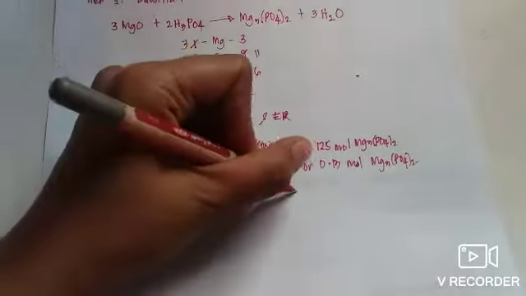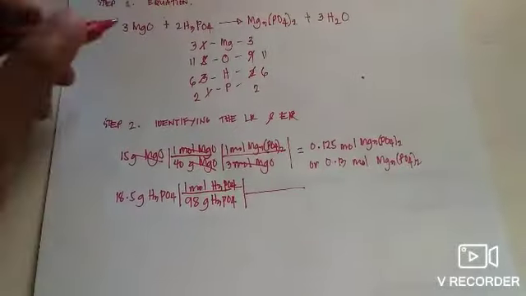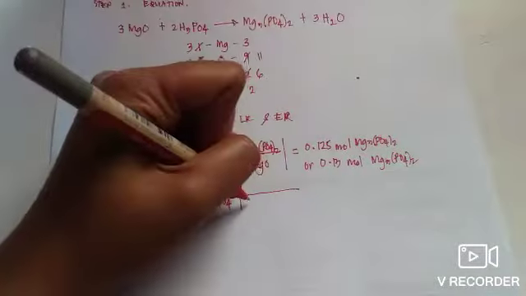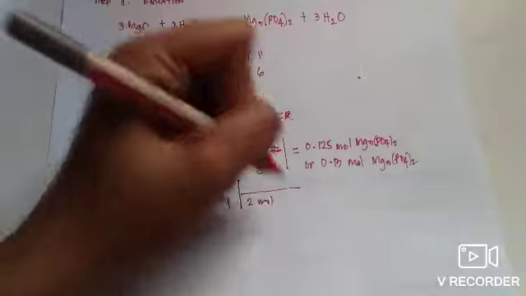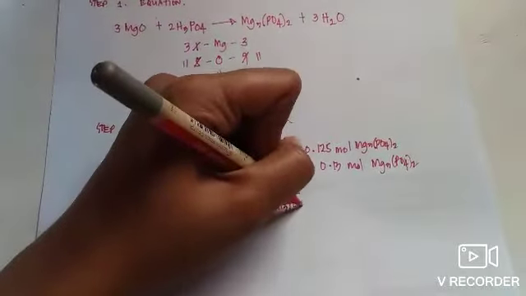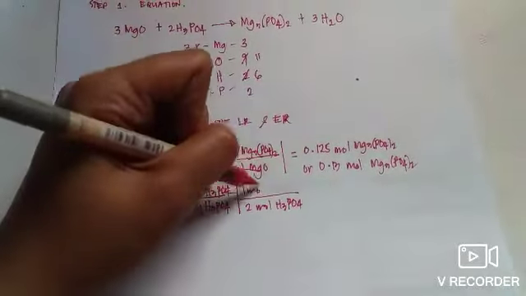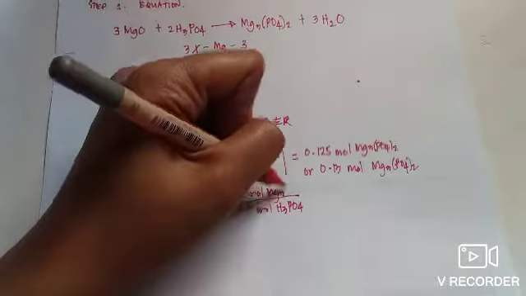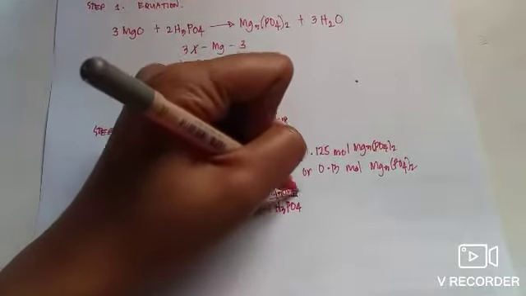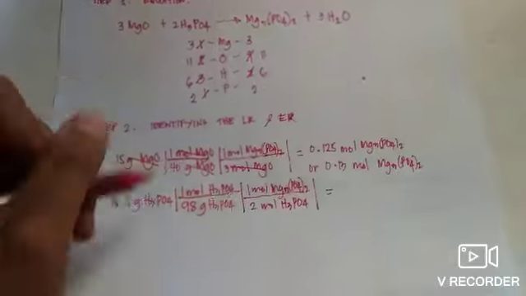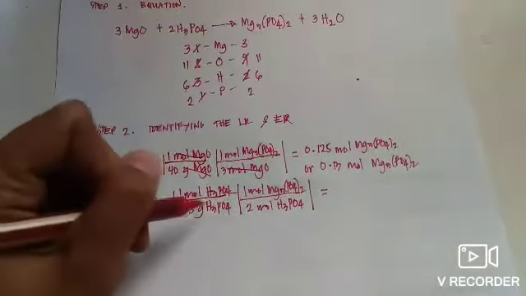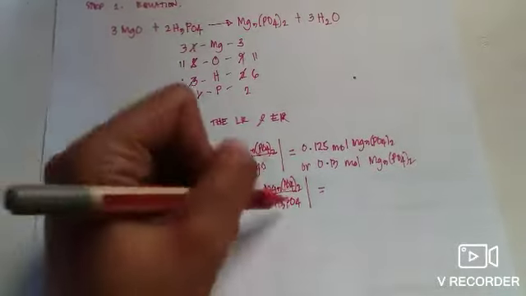Now, let us get back to the equation. We have 2 moles of H3PO4 to 1 mole of Mg3(PO4)2. Solve, cancel out the same units.